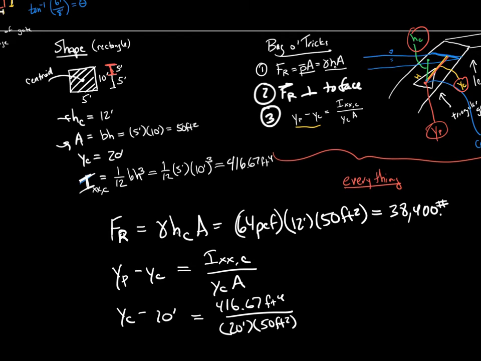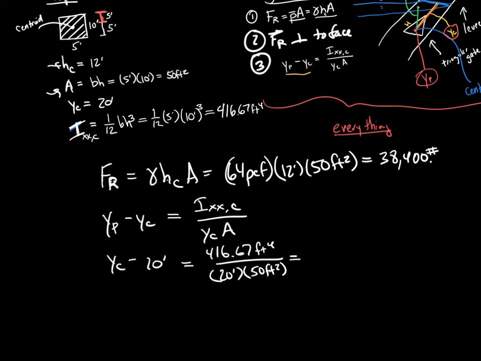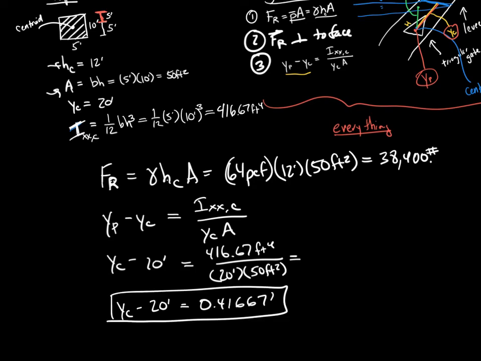Check our units: feet to the fourth divided by feet cubed is going to give us feet. So we're going to end up with Y_P minus Y_C equals 0.41667 feet.